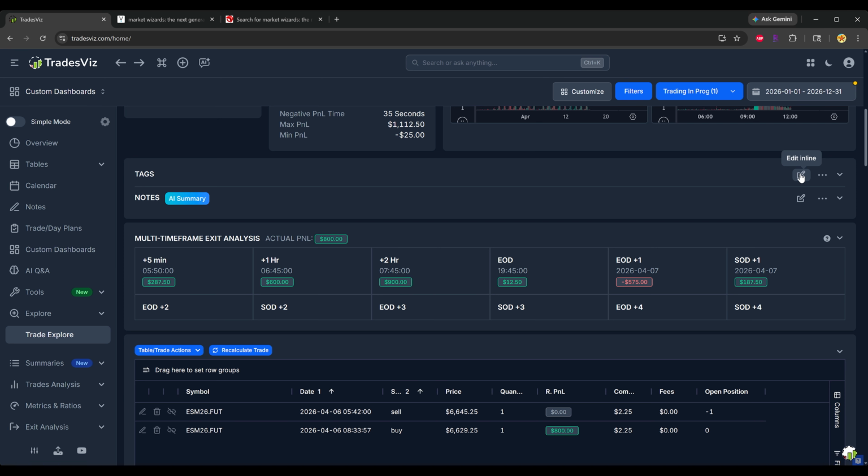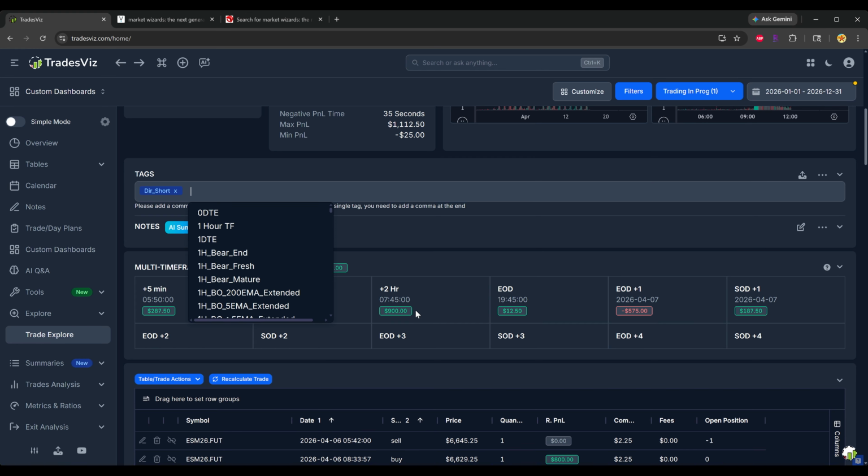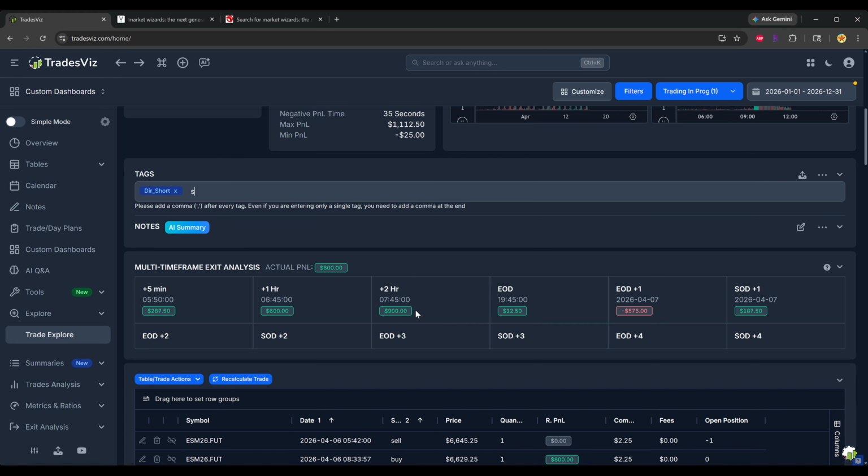So the first is direction is short. You'll get a hang of this soon if you haven't already, or watch the other episodes, and they'll tell you more on how to place these. So setup is exhaustion, and if this is your first video, the purpose of all of these tags is to build a process, or I guess a pivot table.